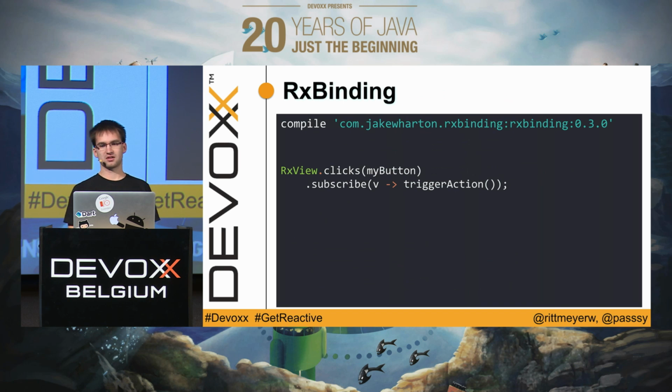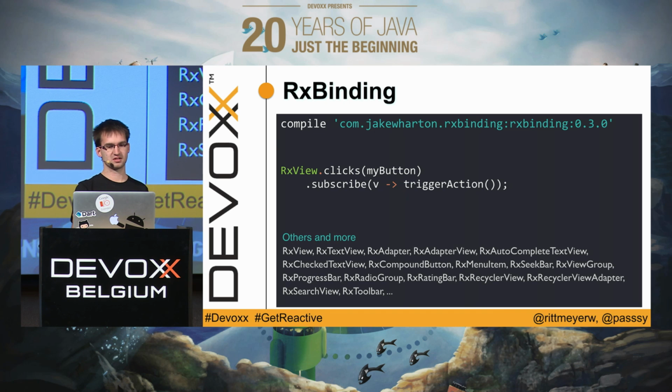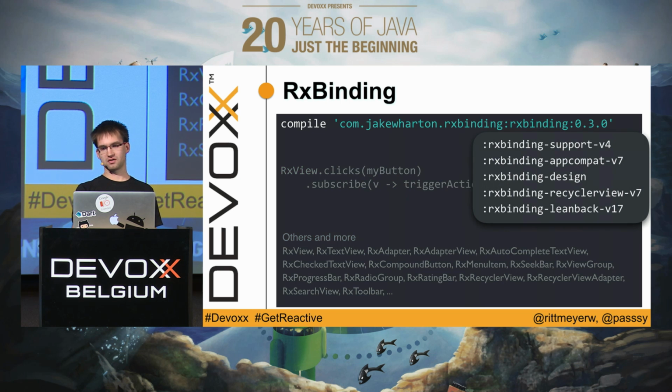So we talked about this RxBinding library. There are observables for every kind of view, really every kind of view. Here's just an example. So whenever you have a UI element, you can use this library, and even for the support library or the Android design library, the support design library, it has a lot of callbacks.